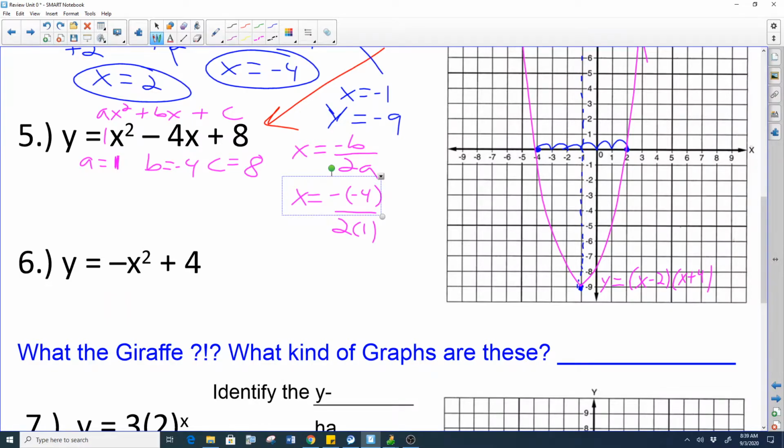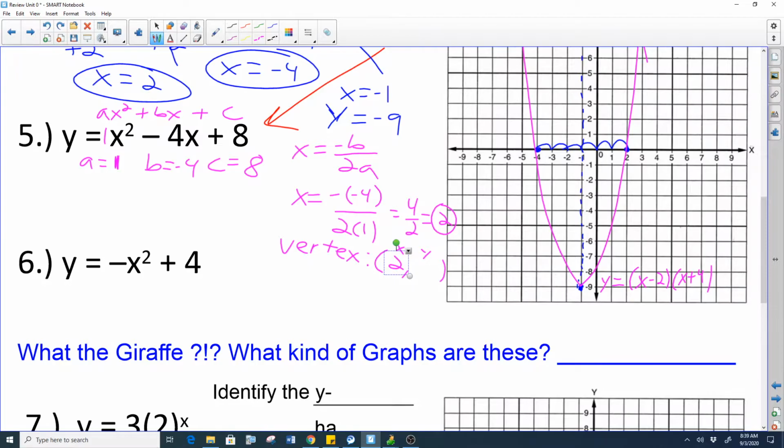So now divided by 2. Nice. Okay, so that is our x value of our vertex. That's our vertex. We have an x there. That's a 2. Now we just need the y value.